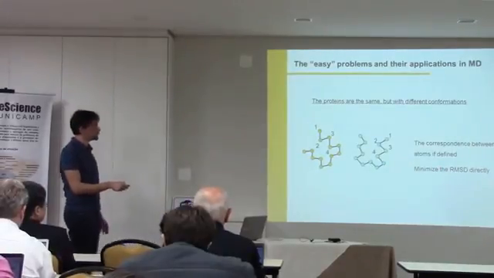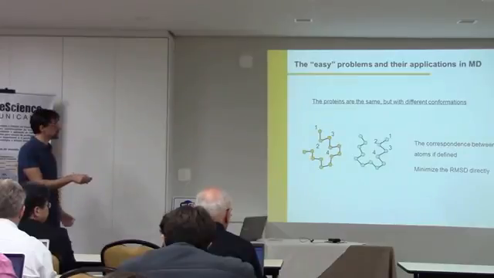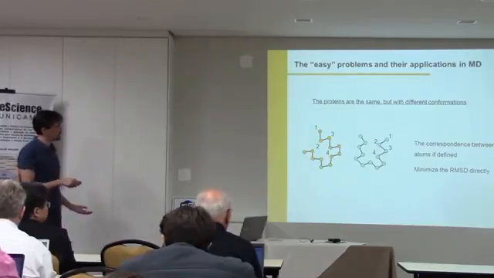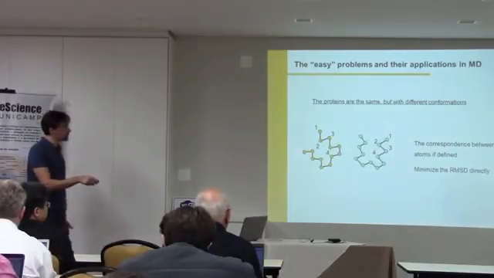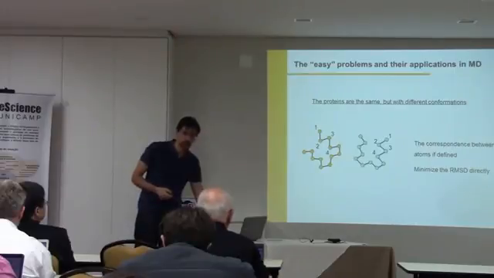So here what we want to do is to obtain a correspondence between atoms, which is much easier because we don't have to deal with the combinatorial problem here of all assignments that are possible, and we want to minimize the root mean square deviation, which is the usual measure that we use for structural fluctuations in molecular dynamics.